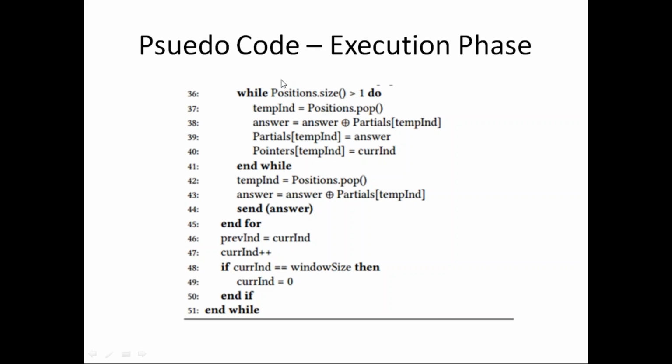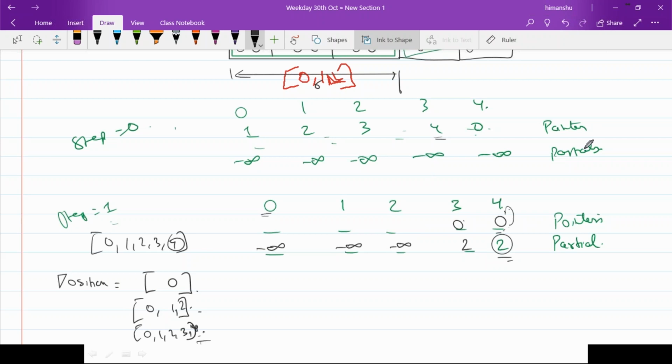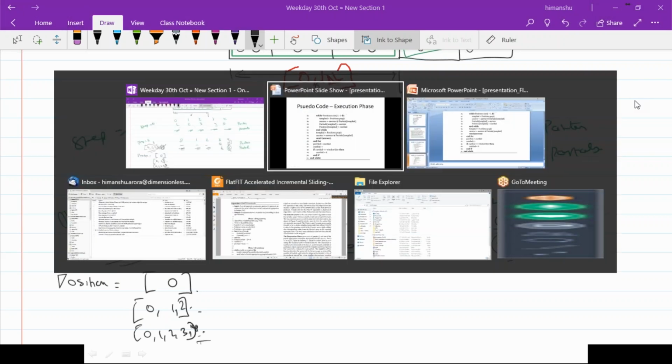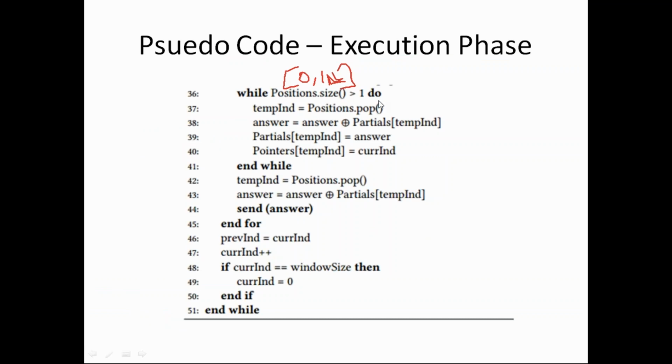What is the value of positions dot size now? 3, since we popped 4 and we popped 3, so 0, 1, 2 are left. Exactly, so size is 3, so that's why I'm again entering the loop.